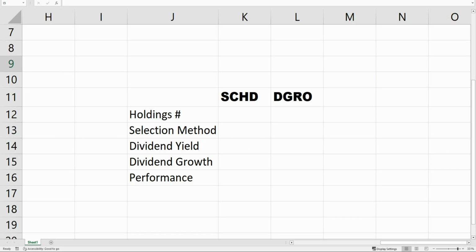So just to recap a few things in case we're keeping score, and I think we are because we're comparing these ETFs. For the number of holdings, DGRO beats out SCHD for sure. It holds at least 3 times as many holdings as SCHD. Now for the selection method, I am going to definitely give it to SCHD because it has a similar selection method to DGRO in that it invests in stocks that have a history of growing their dividends.